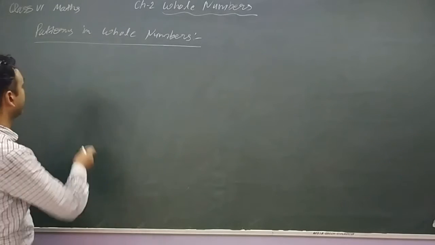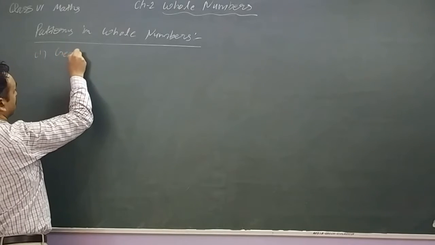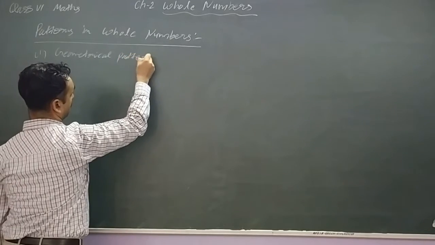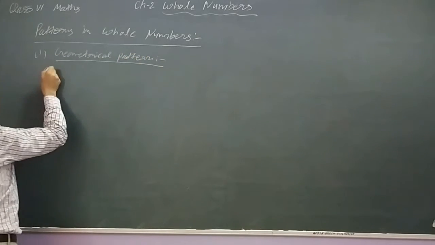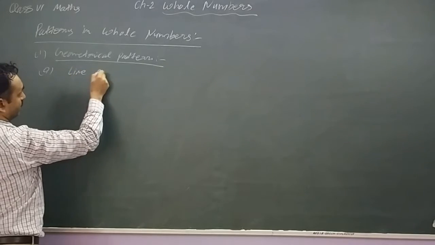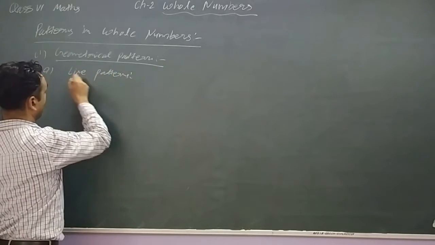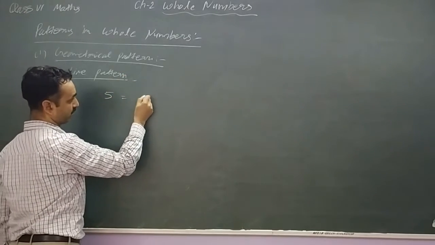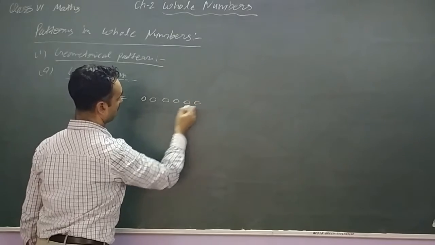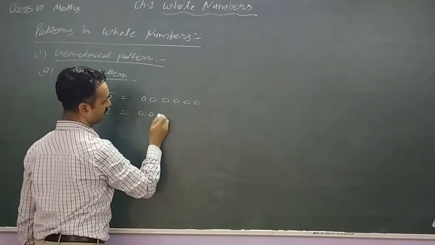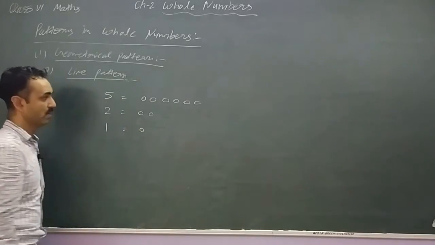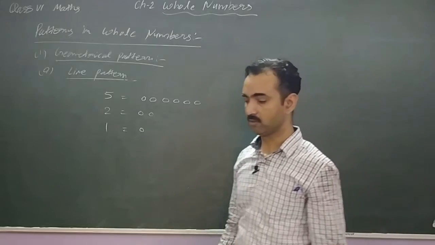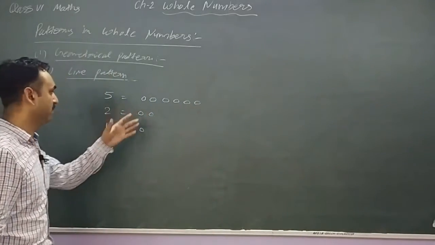First we understand the geometrical pattern. First, the line pattern. We can arrange any number by placing dots in a line like this. So every number can be arranged or represented as a line pattern. So this is the first, simple line pattern.